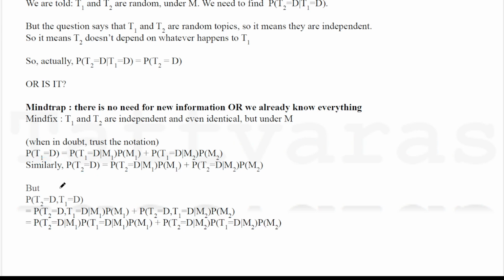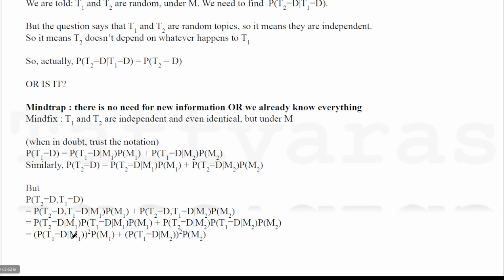And when we expand it further, now is the time when we use this: T1 and T2 are random under M. So they are conditioned under particular values of M. So these two are independent, and hence can be broken like this and this, or in this case also it can be broken like this and this.